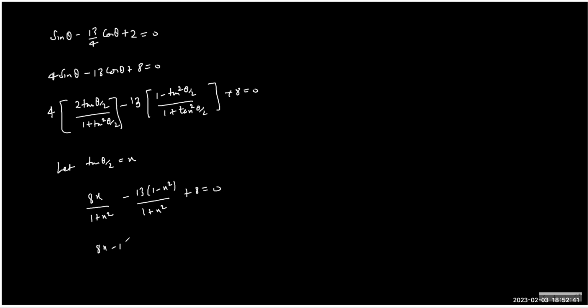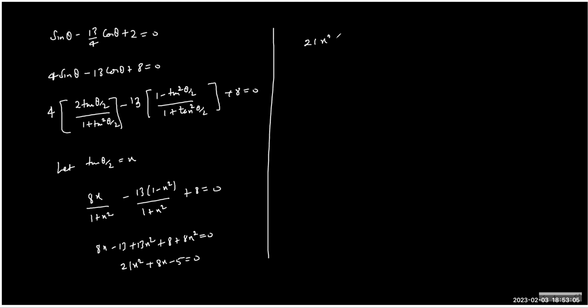So 8x minus 13 plus 13x square plus 8 plus 8x square equals 0. If I take the LCM and all, what I get is 21x square plus 8x minus 5 equals 0. So 21x square plus 8x minus 5 equals 0.